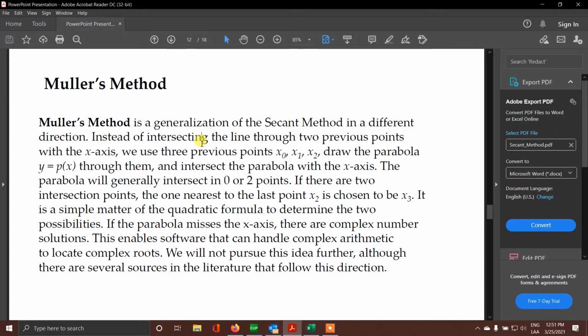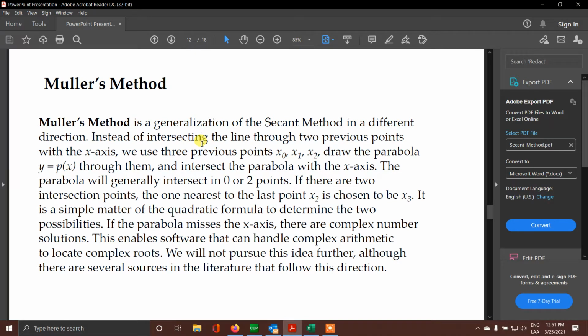We can go to complex numbers, but in general, for this type of equations, such as algebraic and transcendentals, we want to keep it simple. That's why I'm saying that in general, Muller's method is good as long as it intersects 2 points of the x-axis. Okay, so that's important.